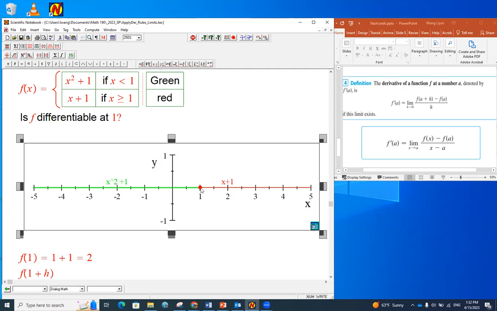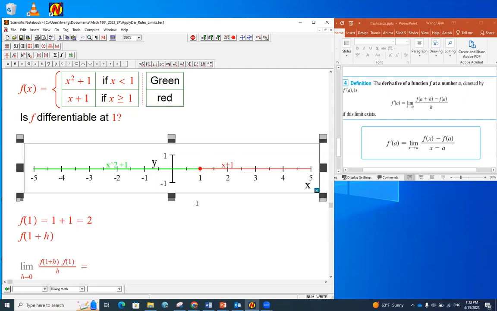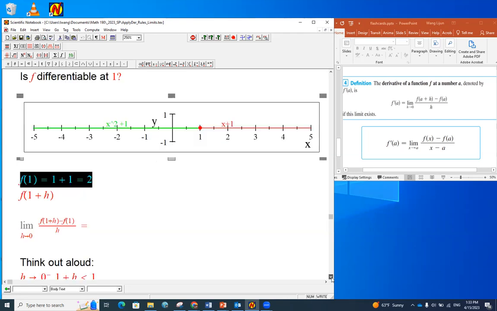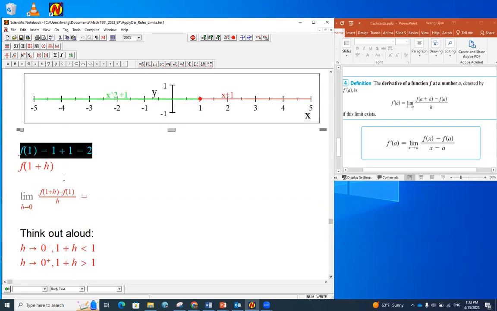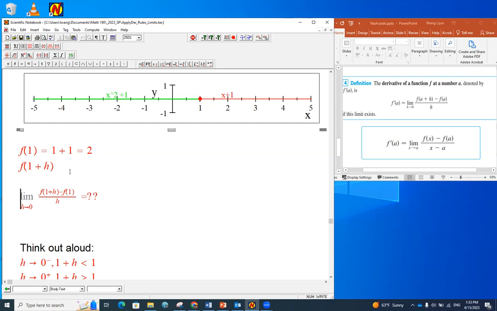If it's greater than or equal to 1, you use the red. The color makes it obvious which to follow. We know which piece to use for f of 1, but for 1 plus h, we don't, because it could easily be less than 1 or larger than 1. So in order to assess this limit, we have to look at the limit from both sides.